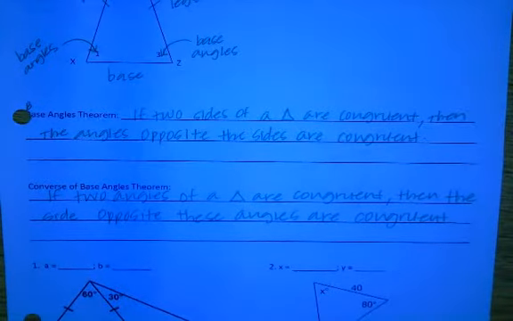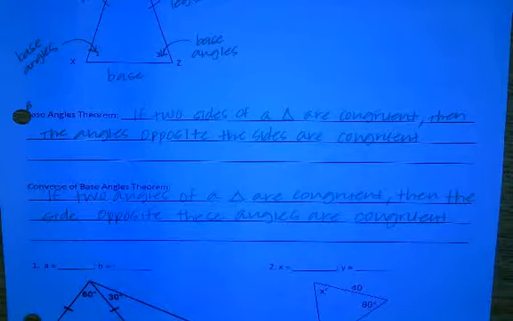So the base angles theorem is, if you're given two sides congruent, then the angles are congruent. Whereas the converse is, if you're given two angles congruent, then the sides are congruent. So you're just working forwards and backwards.